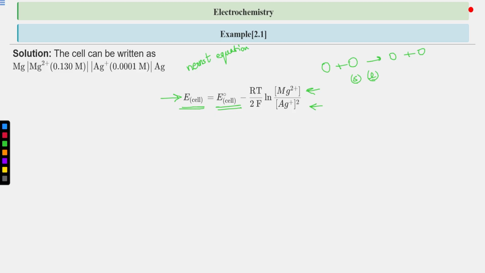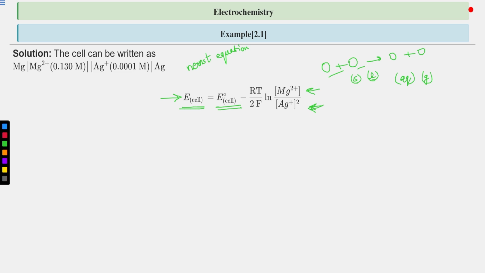In this ln something by something, you can only write the species which are present in either the aqueous state or the gaseous state. That's why we are only using magnesium 2 plus and silver plus. We have two reactants, but we are only writing the silver plus concentration because it is in aqueous form in the reaction given.